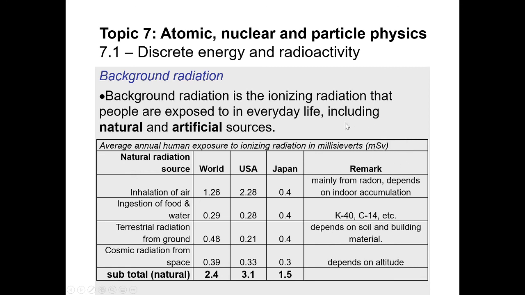This is the unit that we measure radiation dosages in. You can also get radiation from ingesting food and water, from the ground, and from space. So in total, you can see that the US has more than twice the amount of radiation from natural sources compared to Japan, and about 30% more than in the world.